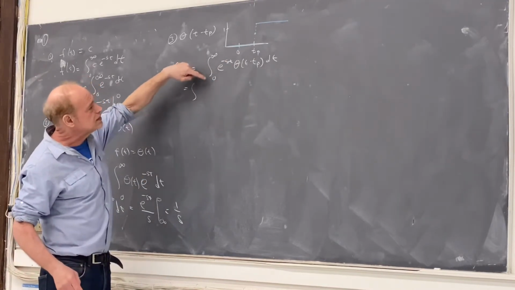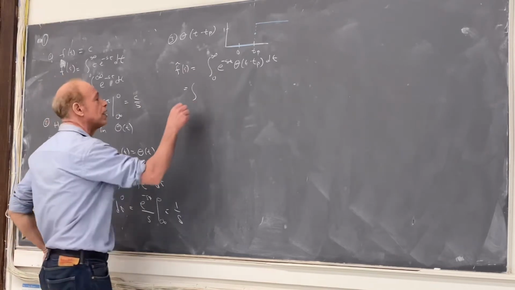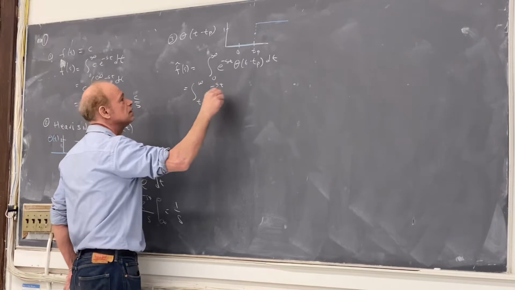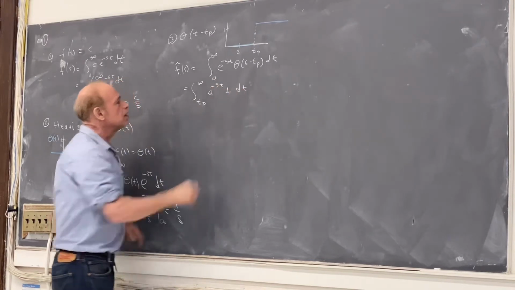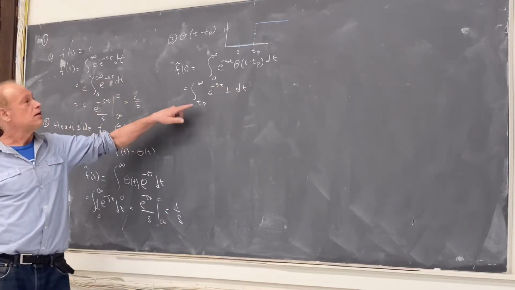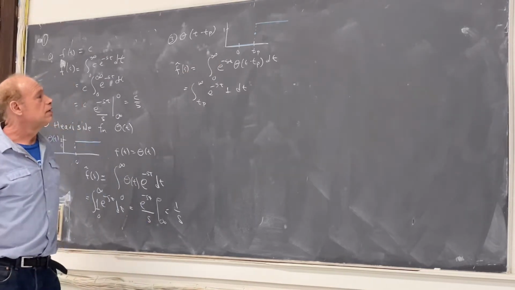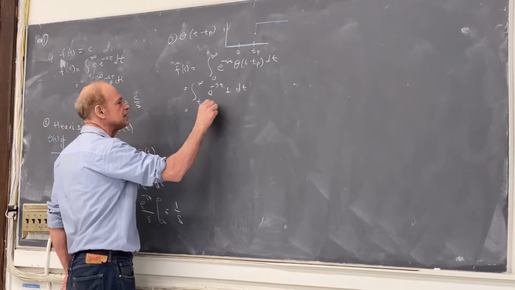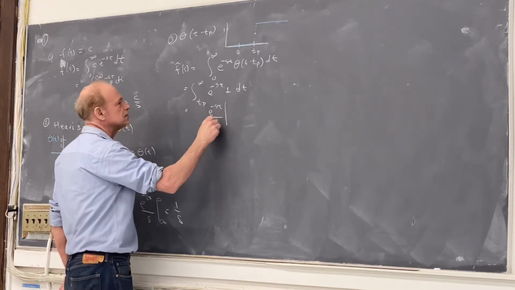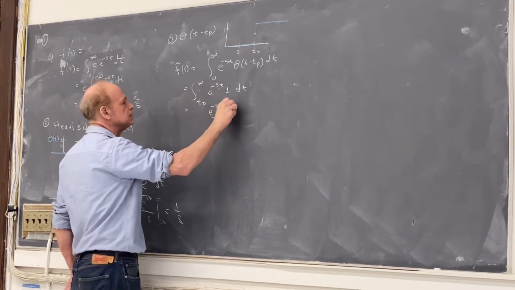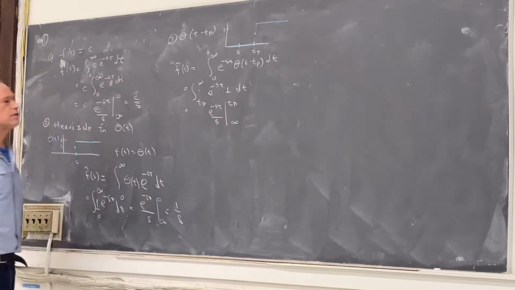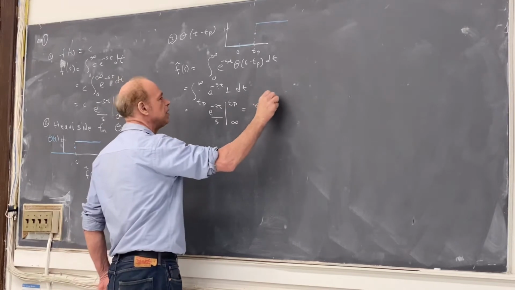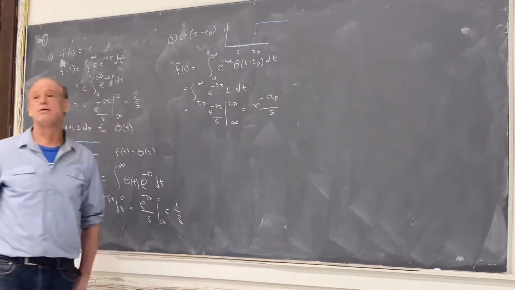So for t less than tp, the integrand is 0, so I only need to integrate from tp to infinity, e to the minus st times 1 dt. Now I do the integral, and here again I get e to the minus st over s, and I use the minus sign to flip the limits, tp to infinity. And here you notice I get e to the minus stp over s.